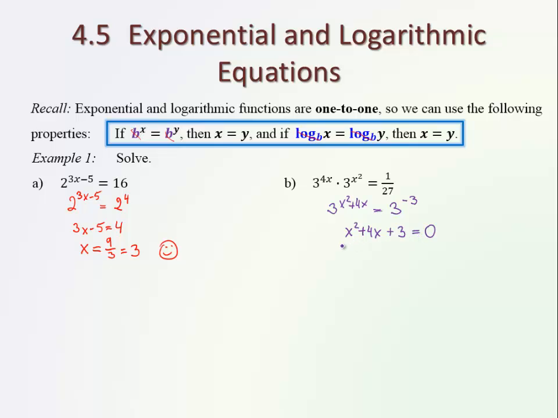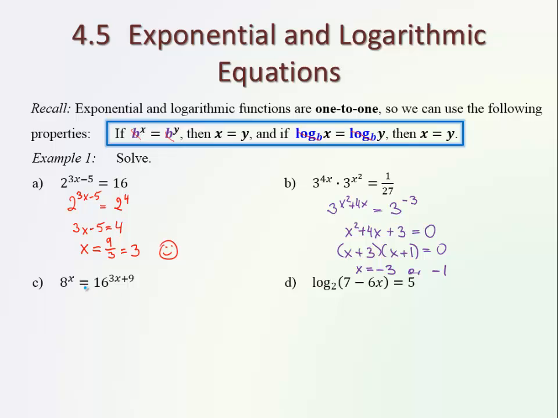And this can be solved by factoring. x and x, product 3, so 3 and 1 should work, and sum 4, so plus 3 plus 1, yes, that works. Therefore, our solution is negative 3 or negative 1. There are two solutions this time.